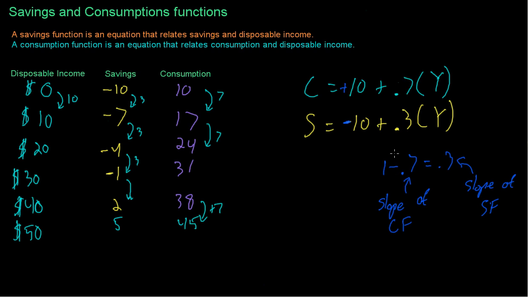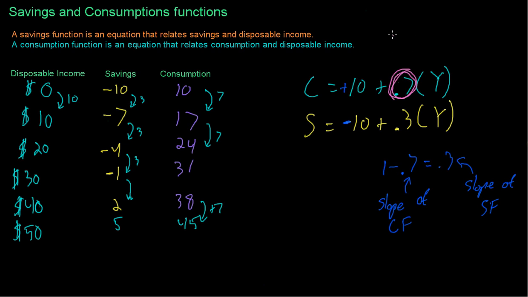So there are two more really quick things that I want to say about the savings and consumption function. The slope of the consumption function, another way to call this is the marginal propensity to consume.